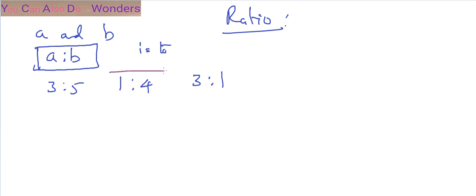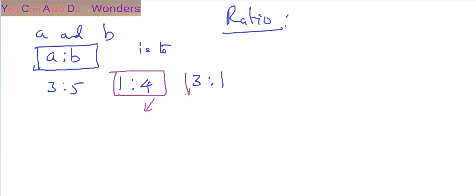So for example here 1 is to 4 means, if the first quantity is 1, the second one is 4, or in other words the second quantity is 4 times the first one.